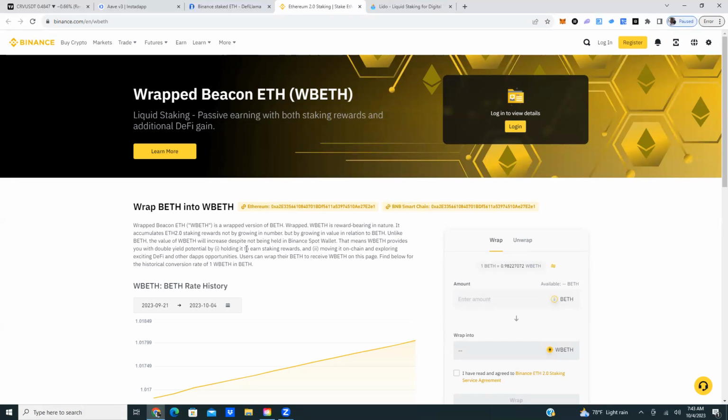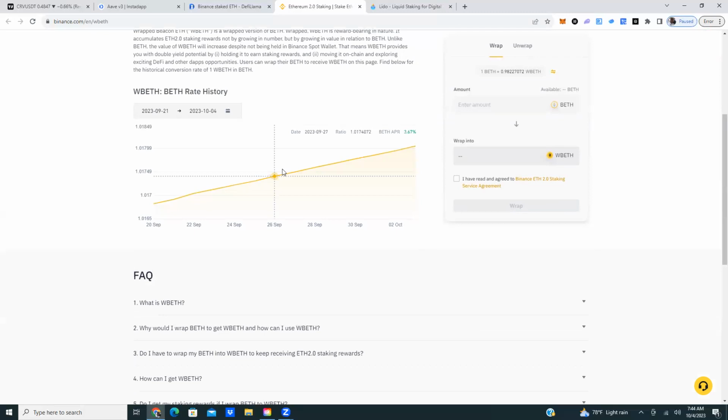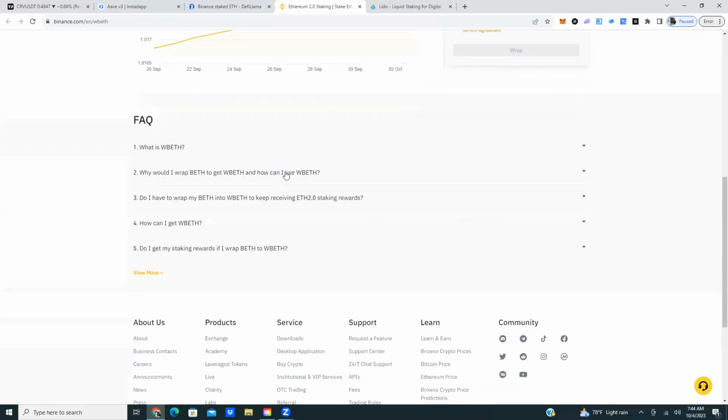That means wrapped BETH provides you with double yield potential by holding it to earn staking rewards and moving it on chain and exploring existing DeFi and other DApp opportunities. Users can wrap their BETH to receive wrapped BETH on this page. Find below the historical conversion rate of one wrapped BETH in BETH. Interesting. Very interesting. I'm interested in this platform.